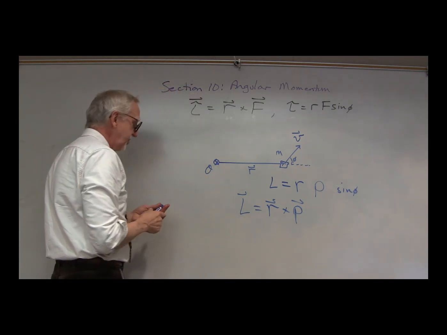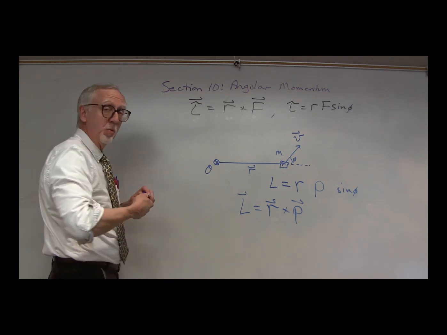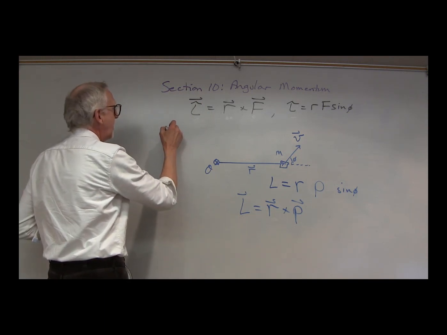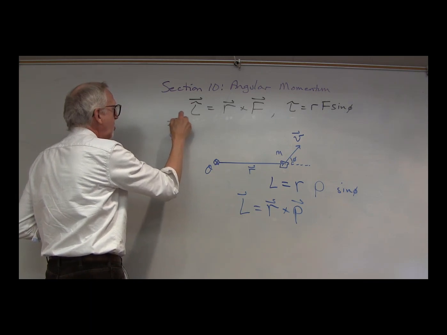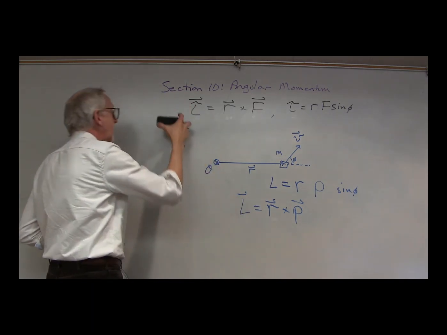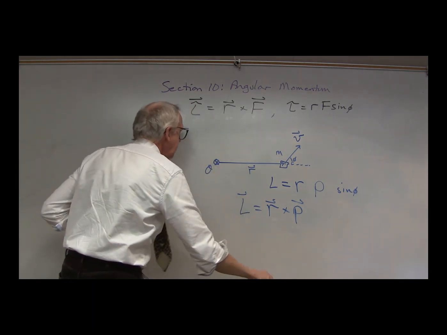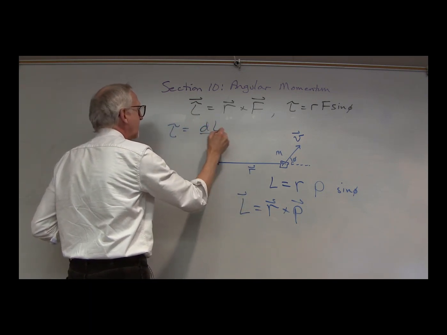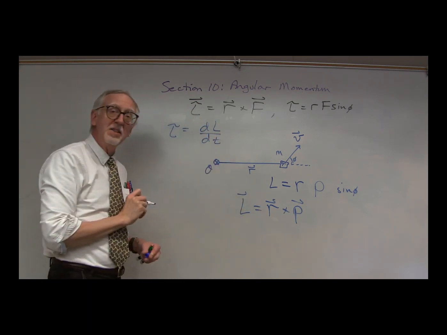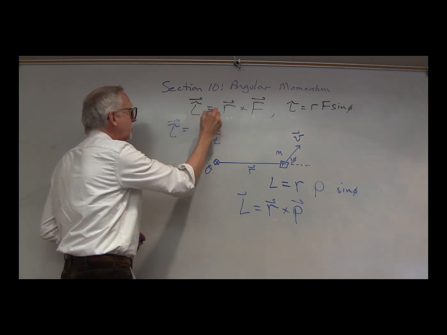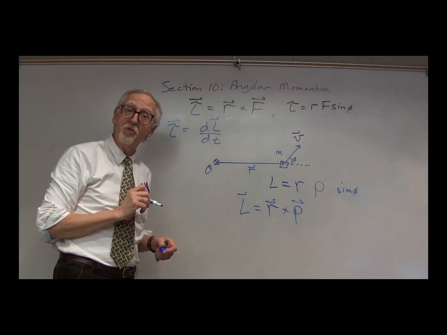However, does the relationship that we thought we had before, where tau was equal to dL dt, work now in terms of our new vector definition?